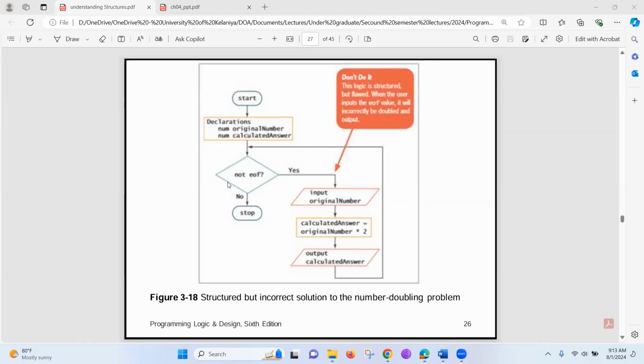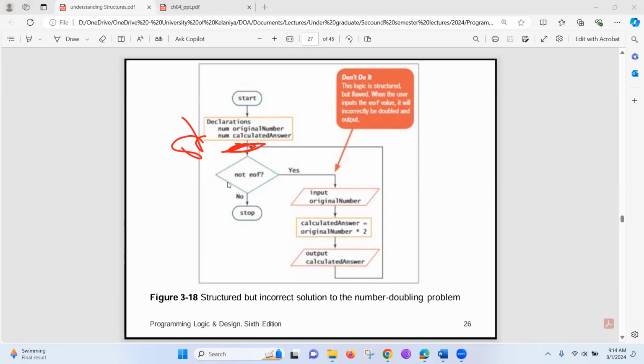අපි කියලා තියෙන විදිහට end point එකෙන් සම්බන්ධ වෙලා තියෙනවා වෙන්න පුළුවන්. ඊට පස්සේ nested structures use කරලා තියෙනවා වෙන්න පුළුවන්. No issue. The thing is what? When the user inputs the end of file value, it will incorrectly be doubled and output. Here, at this point, you don't have any value.